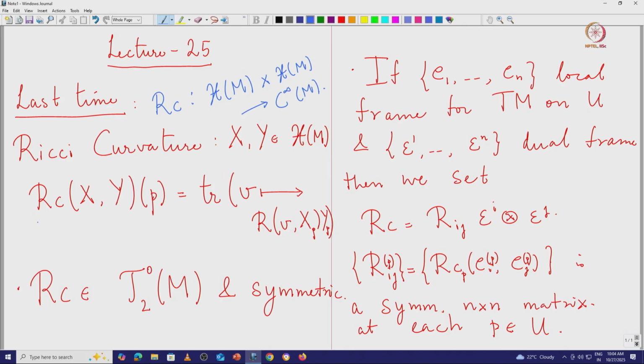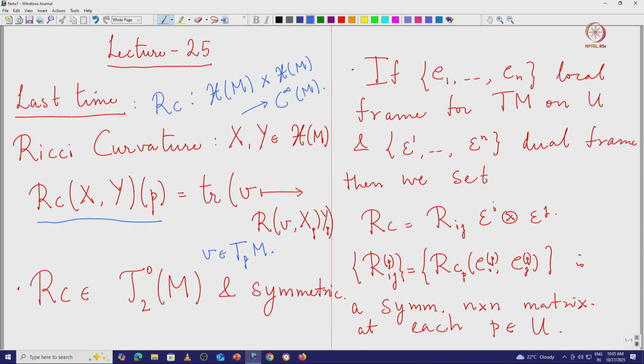Ricci of x comma y evaluated at a point P is simply the trace of the operator V going to R of V comma xp acting on yp, right. Here V is some tangent vector at P. Then we proved last time that Ricci so defined forms a 0 2 tensor, and in fact it forms a symmetric tensor.